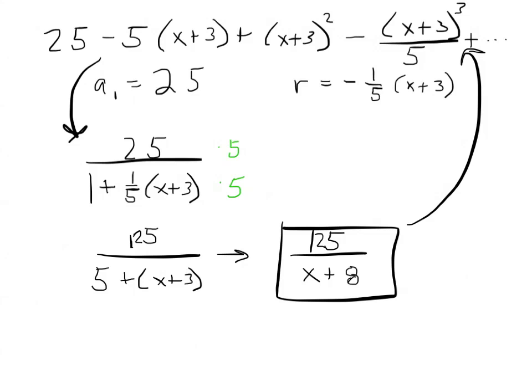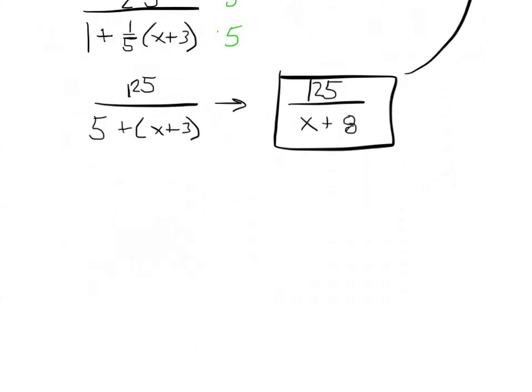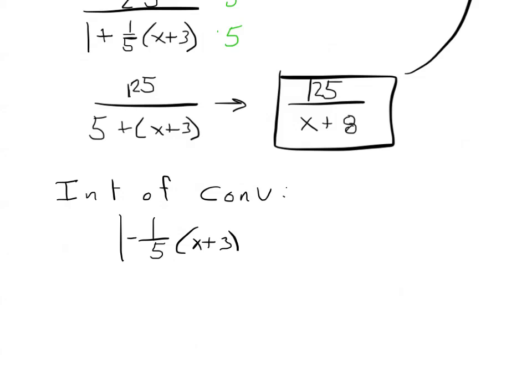So the last thing we have to do is work out that interval of convergence. And again, if you didn't do that on your own, try it on your own. We're supposed to say the absolute value of the common ratio has to be less than 1. So again, that negative is going to go away.